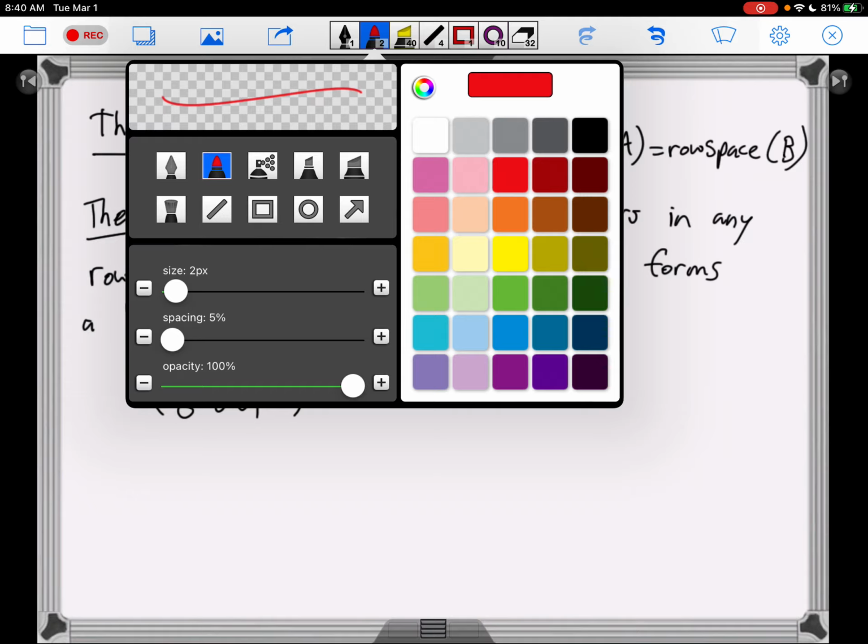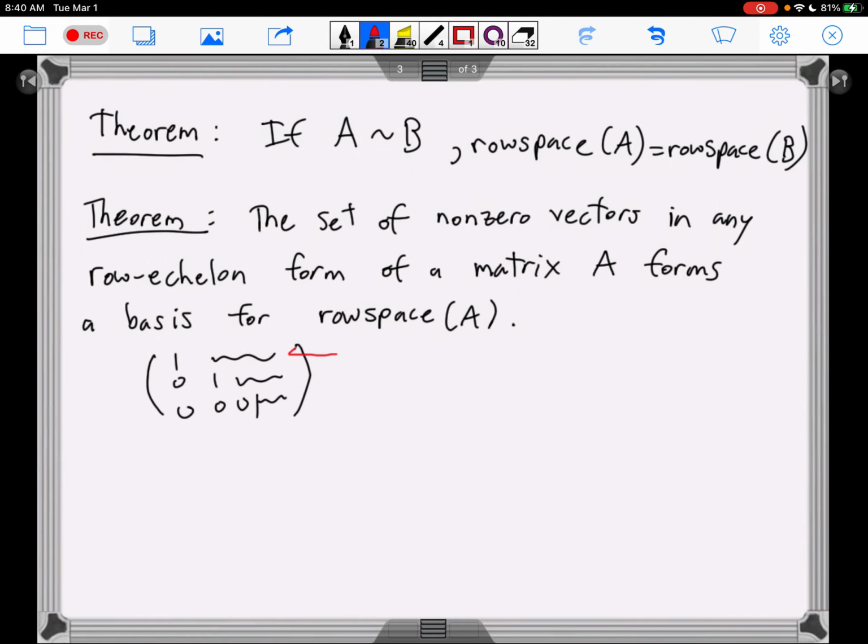So if you call this first row vector v1, the second row vector v2, and vector v3 or whatever it is, it doesn't have to be 3 of them, then a basis for the row space of A is equal to v1, v2, v3, right?